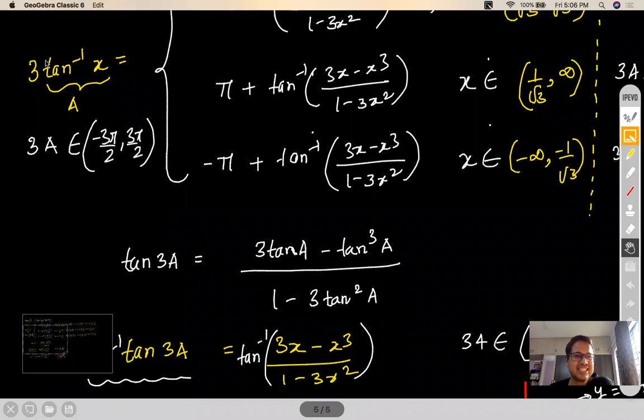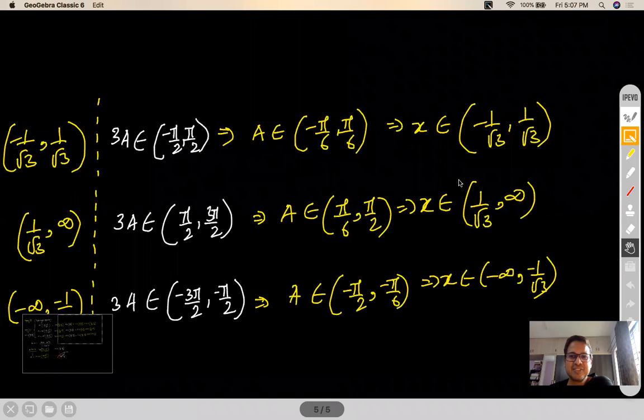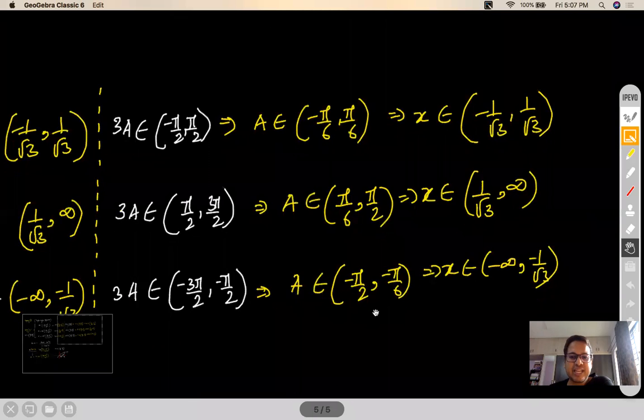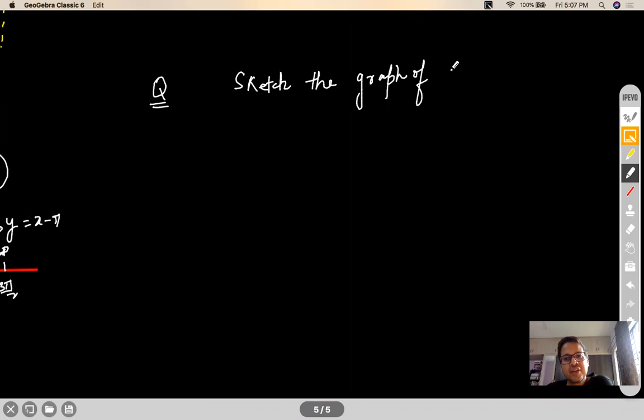Okay. Next, the obvious step is sketch the graph. So we'll do that, and we will quickly now move on to the graph. So the question coming from my side is sketch the graph of y is equal to tan inverse of 3x minus x cube by 1 minus 3x square.